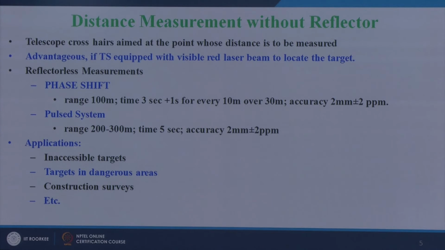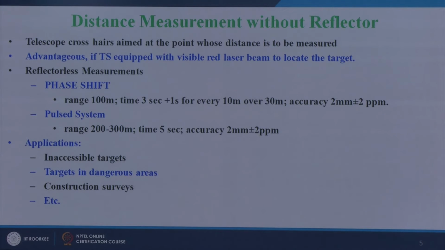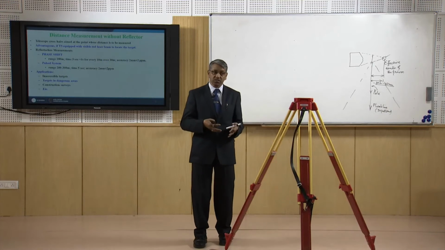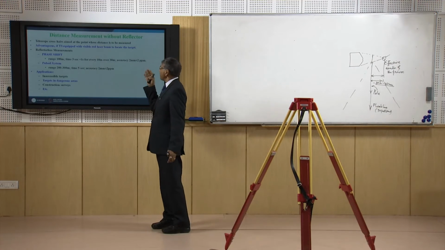So, these are the two basic methods of measurement which we generally use in the field, and more and more reflectorless instruments are coming up, and they are increasing day by day. So, the future of measurement with total station will lie with the help of reflectorless.